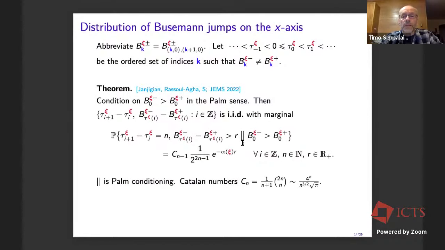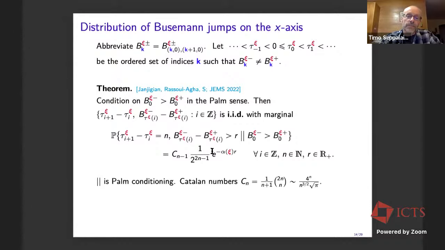This double vertical line just means the Palm conditioning, so I have the condition on the right side of that double vertical line. And on the left, I'm saying that the distance between the ith and the (i+1)st occurrence of a jump at xi is n, and the size of the jump in the Busemann value is at least r. That probability is given by this expression here.